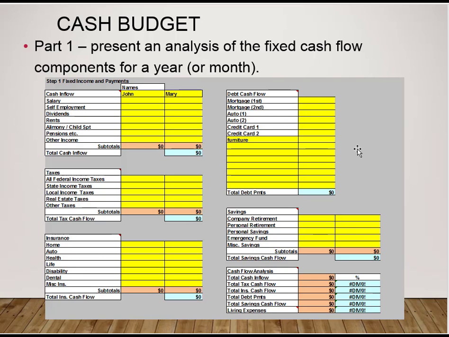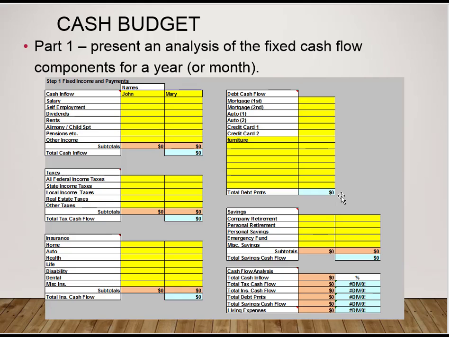The fourth place we want to identify here is our debt cash flow. Do we have mortgages? Do we have car loans, credit cards? I've given some extra places here if you want to add some extra things, and of course, you can always add lines to this spreadsheet. But again, in the end, what do we want to know? We want to know what percentage of our cash goes towards paying debt.